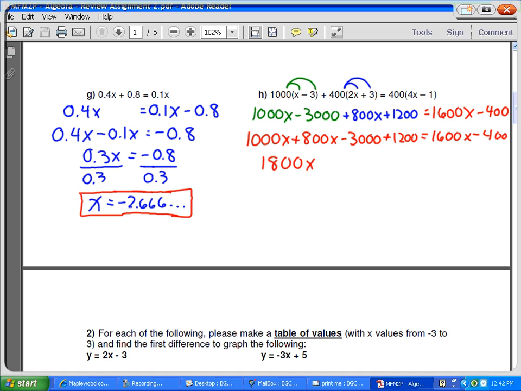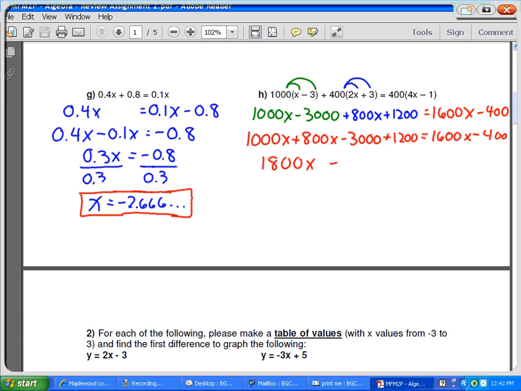Negative 3000 plus 1200. Yuck. Negative 3000 plus 1200? It looks like it's negative. Yeah, it's a negative.